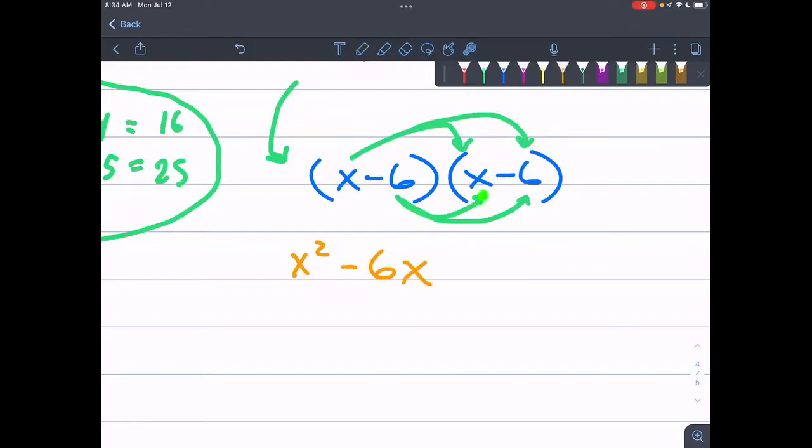On the inside, negative 6 times x. And then negative 6 times negative 6, 36.